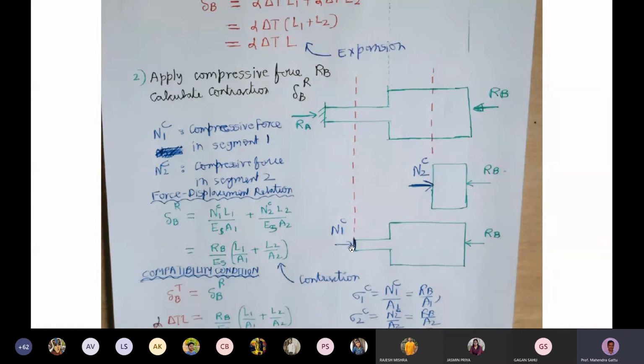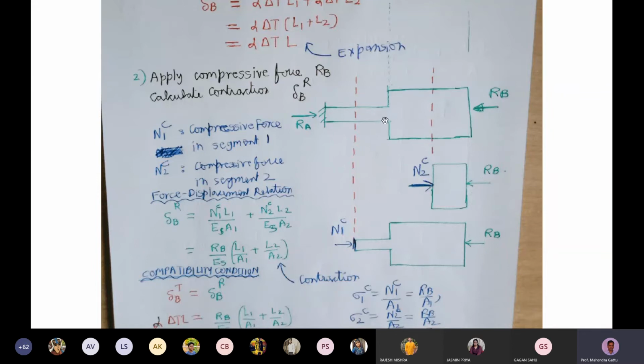Instead of using N1, which is acting away from the member, I'm putting N1 acting towards the member. So this is a compressive force, and I'm denoting it N1C just to indicate that it is a compressive force. So this N1C will be equal to RB. You can cut a section in segment 2 as well, and you see RB acting to the left, and N2C, which is again a compressive force. So N2C will be equal to RB.